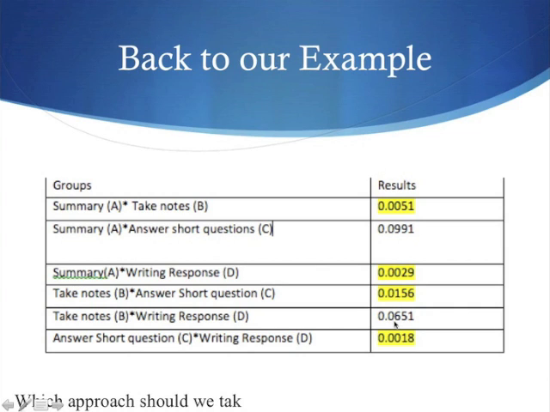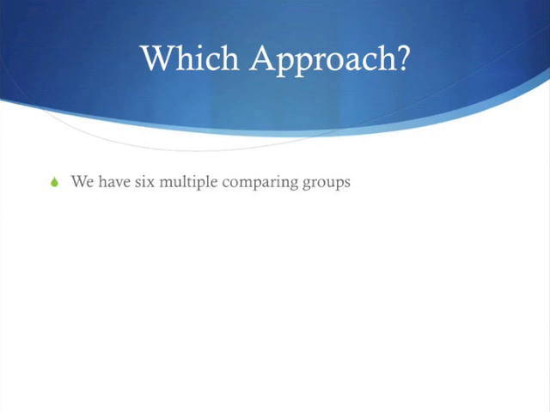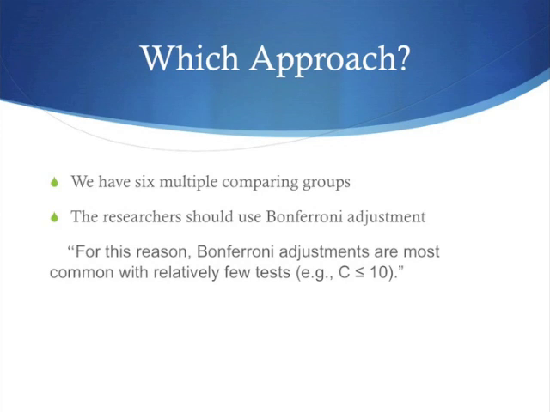But how about after we take the Bonferroni, our new value? So we will choose the Bonferroni because our tests are less than 10. So we better choose the Bonferroni adjustment. Here is our new p value. It's 0.008, which is less than the original value.